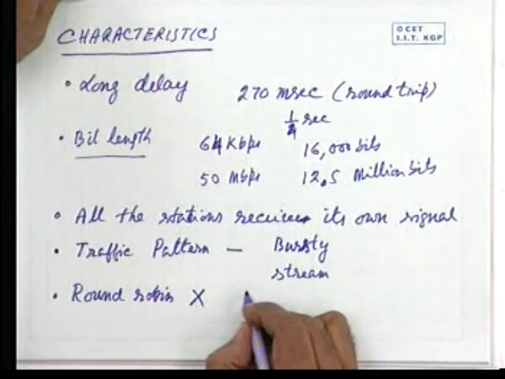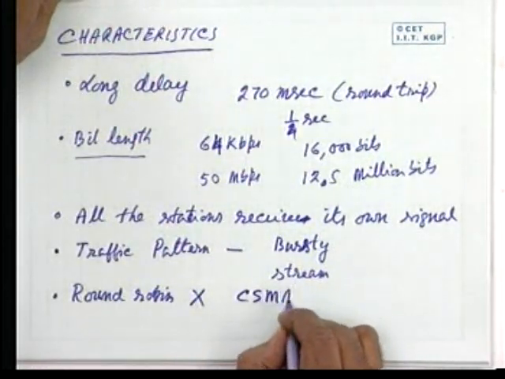Can we use CSMA, carrier sense multiple access type of approaches? The answer is also no. The reason for that is the CSMA based approach is based on monitoring the channel to see whether carrier is present or not.